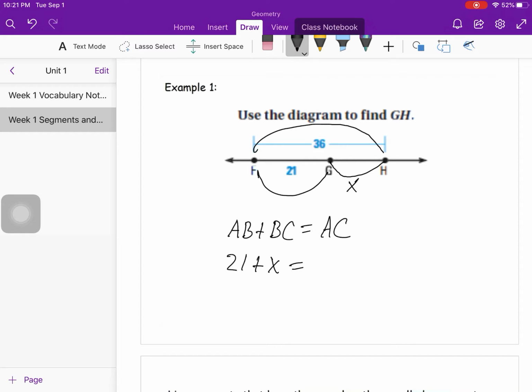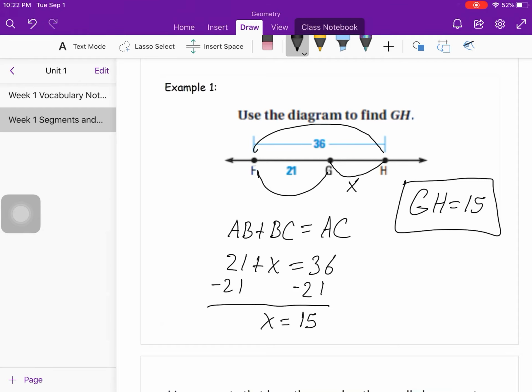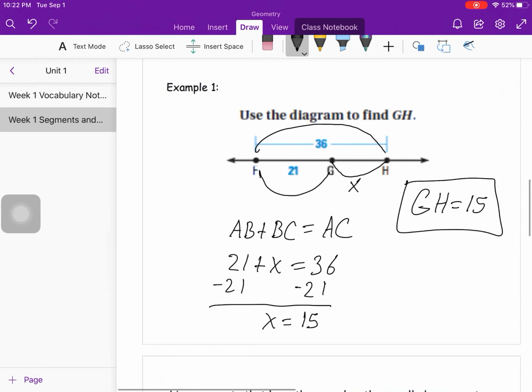And then AC is the total distance, which is 36. If you remember, how do you solve for a variable? We have to get rid of that 21, and we get x equals 36 minus 21, which is 15. So GH, the distance between those, is 15, which makes sense because 21 and 15 together make 36.